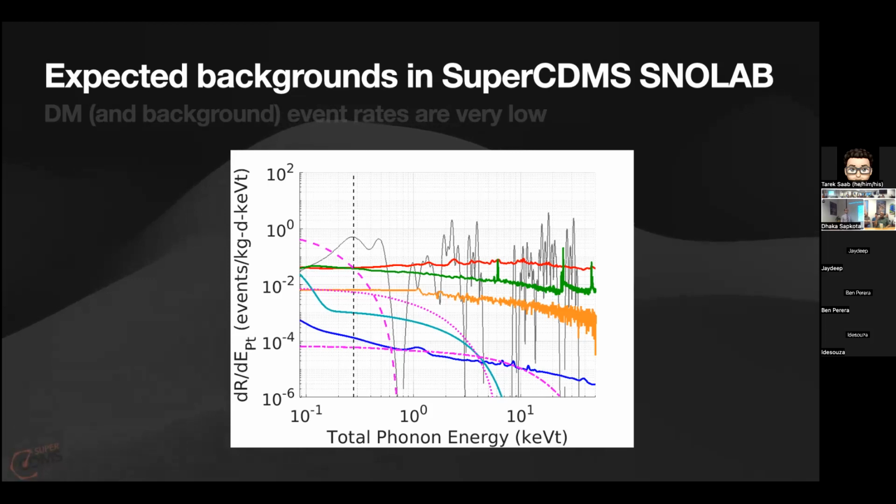Where are the neutrons coming from? The neutrons are primarily coming from rock. So there are two channels for producing neutrons. One is just the natural abundance of uranium and thorium, and their decay products will produce neutrons.